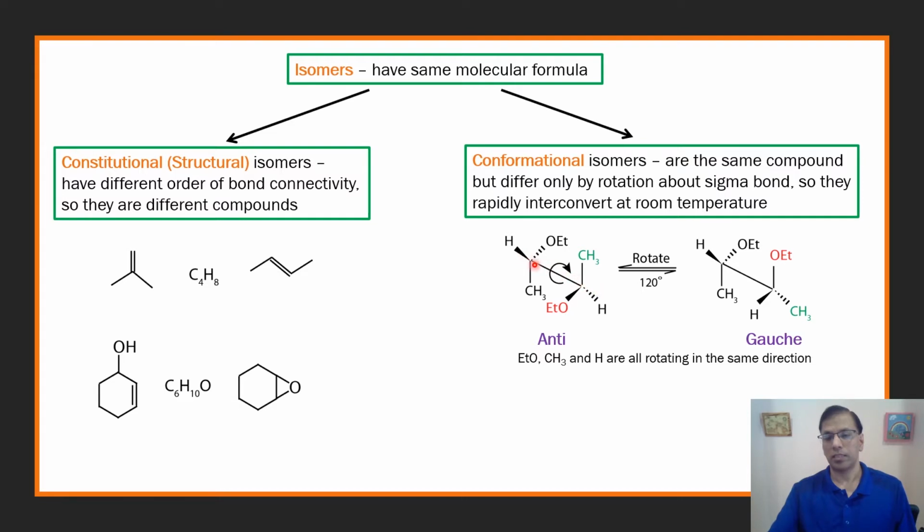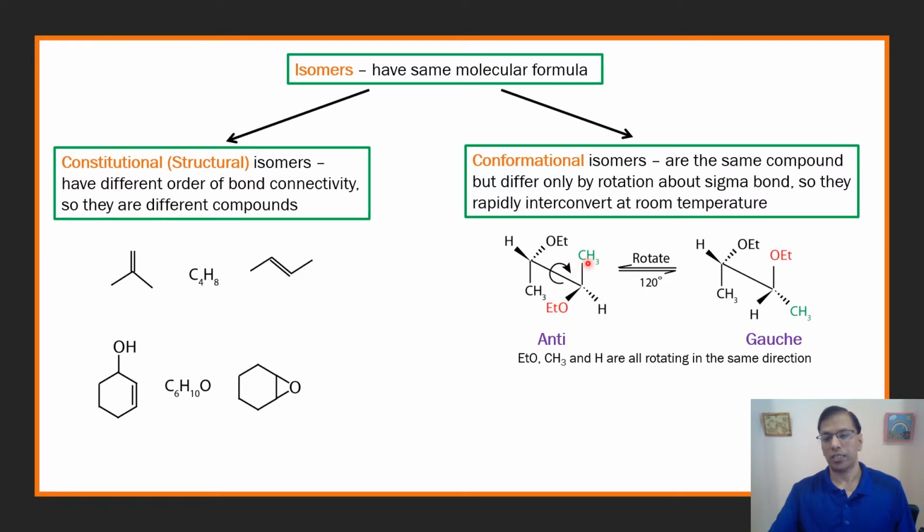In this case, the carbon-carbon bond is being rotated by 120 degrees. And so all the substituents attached to this particular carbon atom are going to move by 120 degrees. Currently the bond angle between the ethoxy group and the methyl group is 120 degrees.